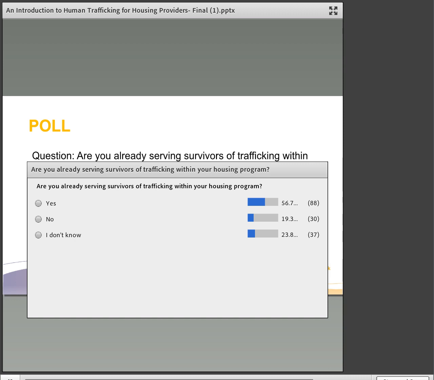So we know that there are, okay, now people can see it. Great. Perfect. So this is really useful for us to know. We know that there is a mix of attendees and participants. And also this is very similar to what we see on the ground with different programs. We know that some people may be already serving survivors within a housing program, especially if you're not an anti-trafficking program.